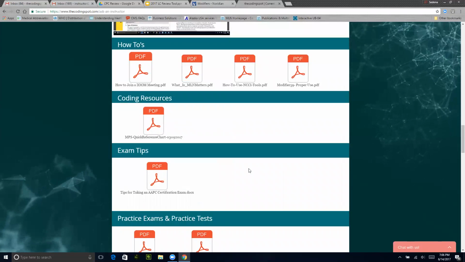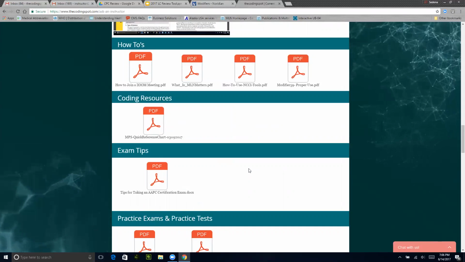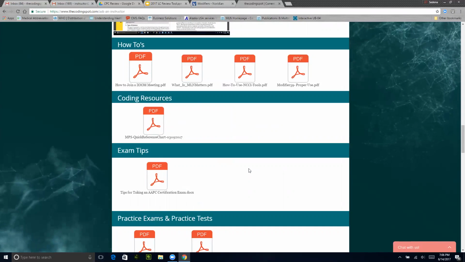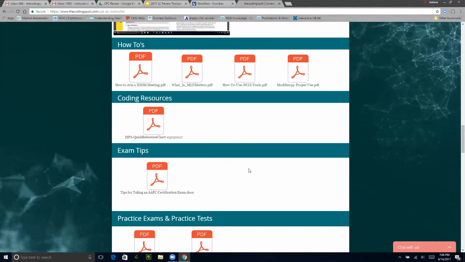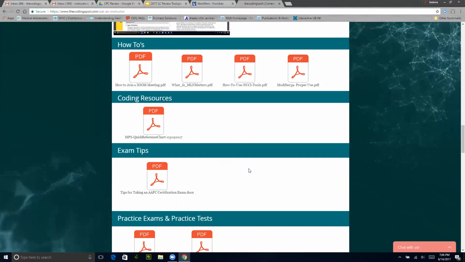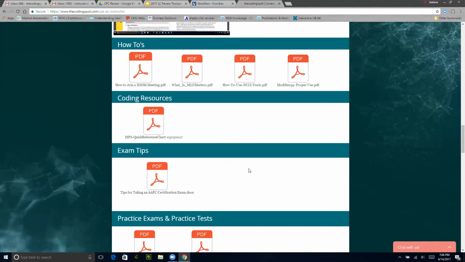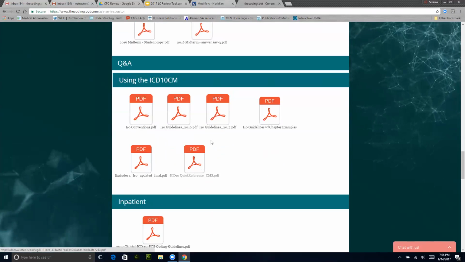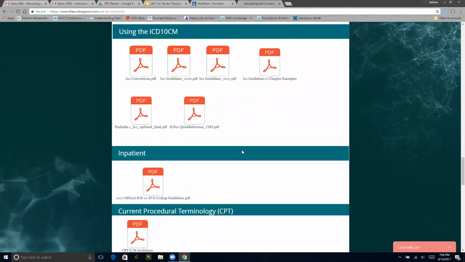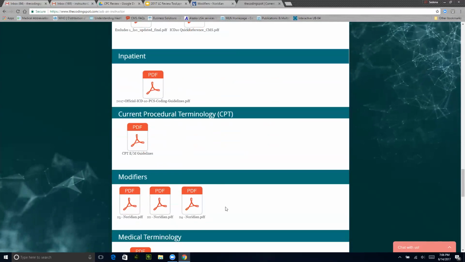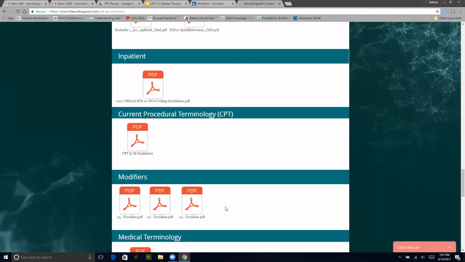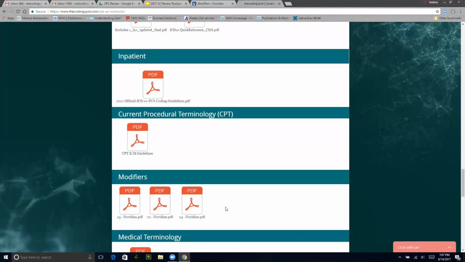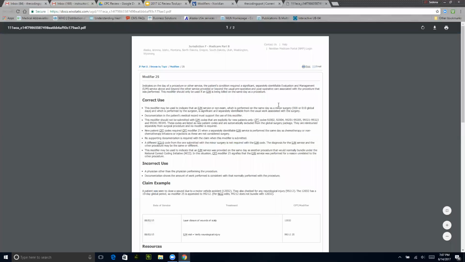So every once in a while during one of these Webexes, I like to go back and make sure that you guys know where the resources are and how to find them, because there's a lot of really great stuff on here. So I'm just going to scroll down to modifiers. We started adding little cheat sheets on modifiers, and I'm going to open this first one, and then I'll show you guys where to find it.